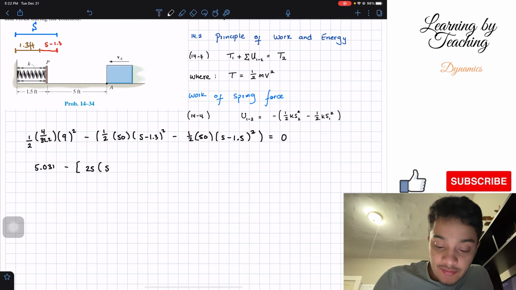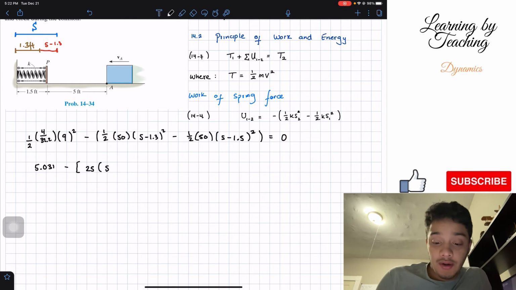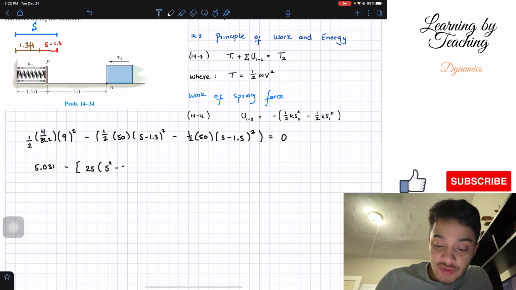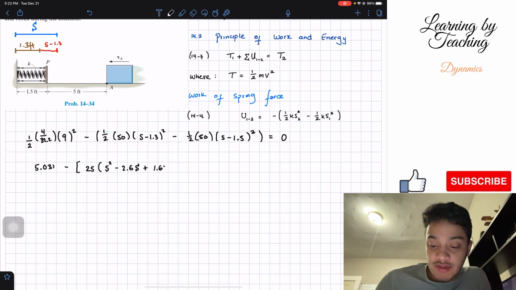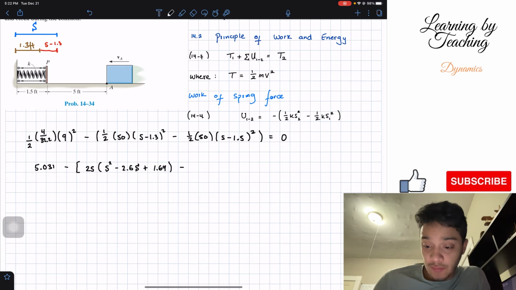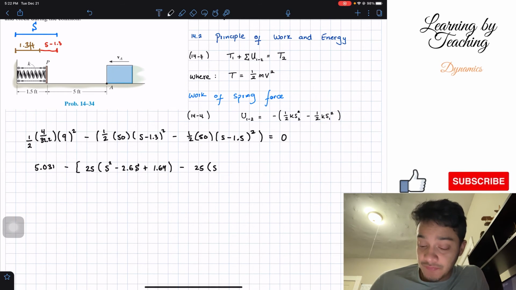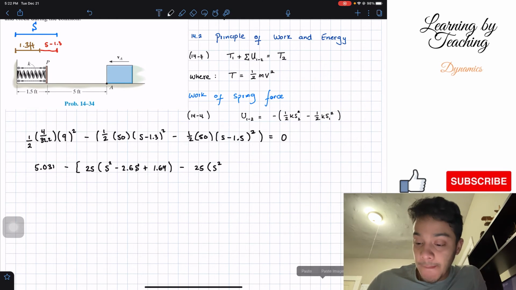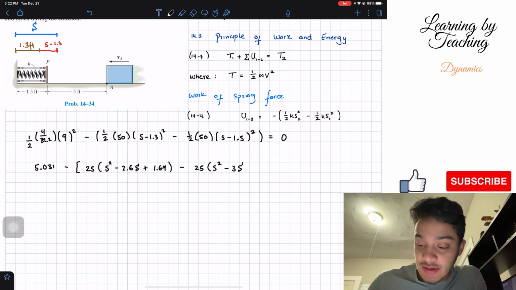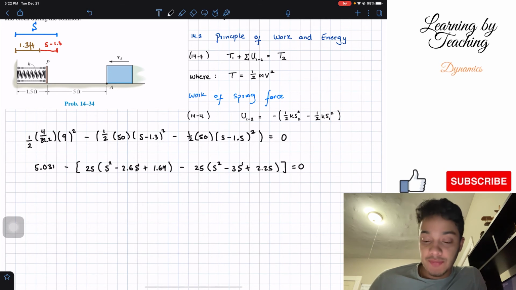Therefore, this can be simplified as, if we FOIL it out, we get s squared minus 2.6s plus 1.3 squared, which is equal to 1.69. Then we're going to have 1/2 times 50 is again 25, multiplied by s squared. So now we're foiling these two guys. Okay, so s squared minus 3s plus 2.25. And we close our bracket. This all should be equal to 0.